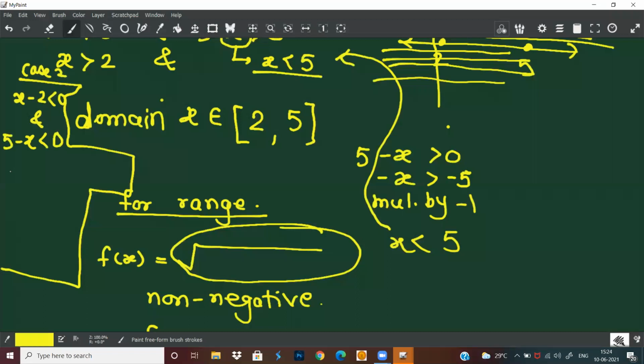So what do we get? X is less than 2 and, shifting X, 5 is less than X, meaning X is greater than 5.